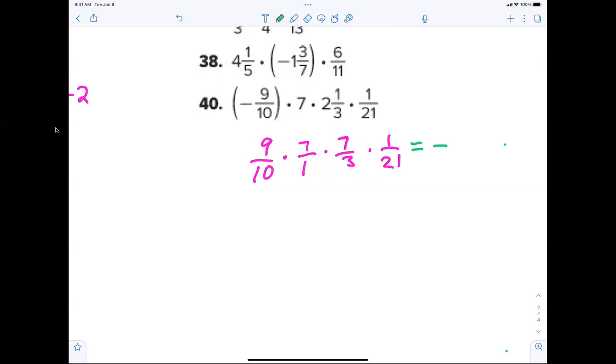All right, now the 3 becomes a 1, and the 9 becomes a 3. Perfect so far. Now what? True. 7 becomes a 1. And what?